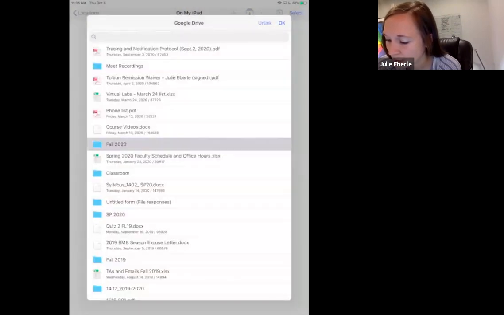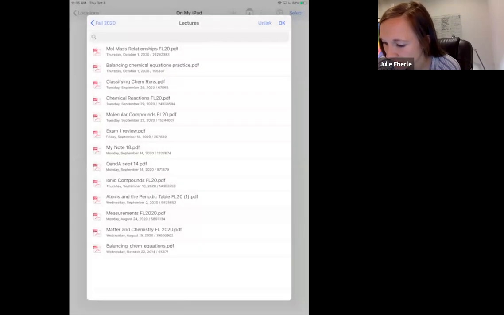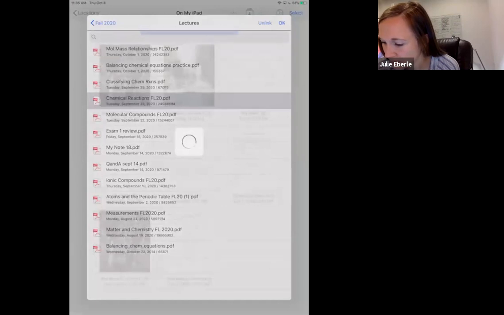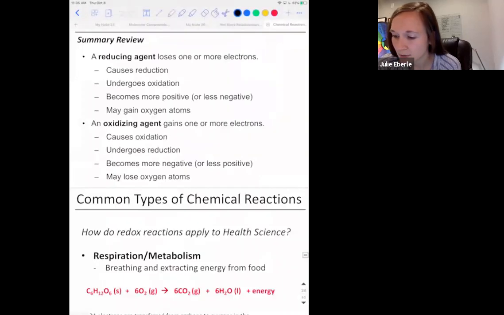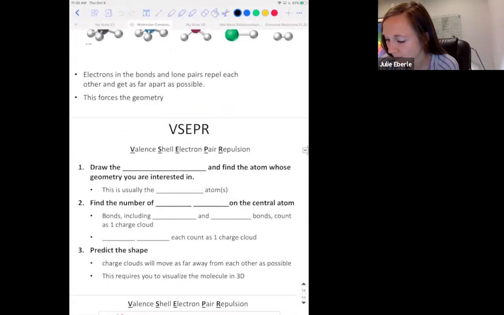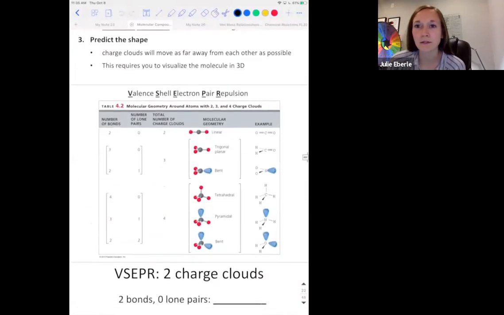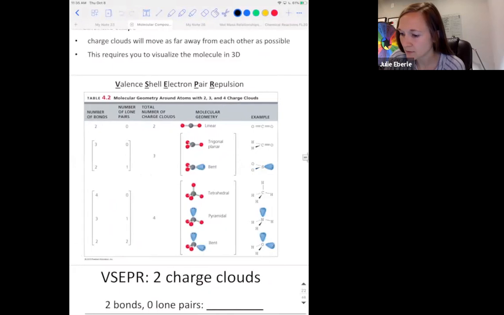It's in this lecture, right down here. This is what I'm talking about, this table right here. Okay, this is still chapter 4. Okay, trigonal planar is right here.